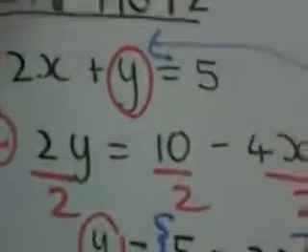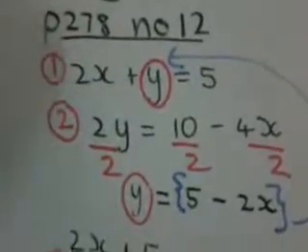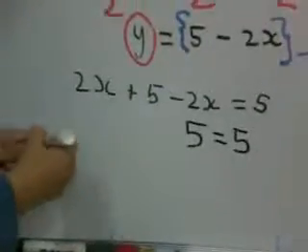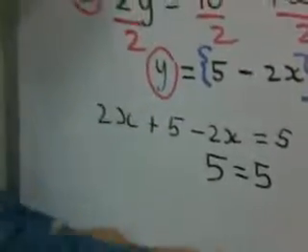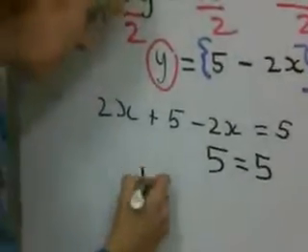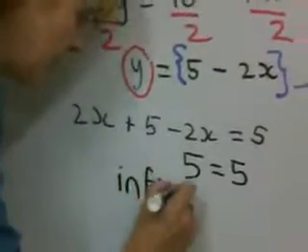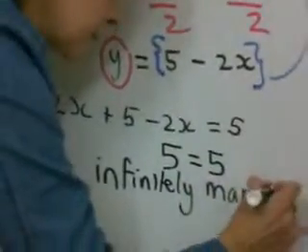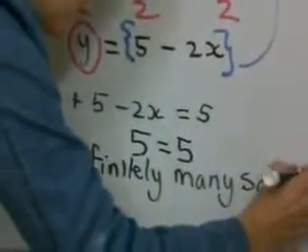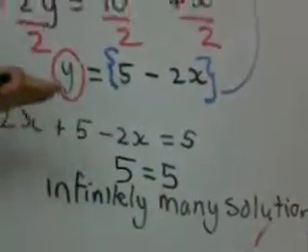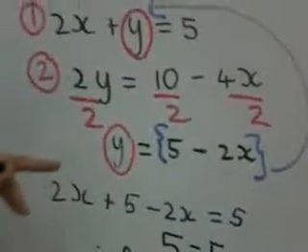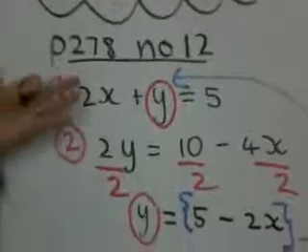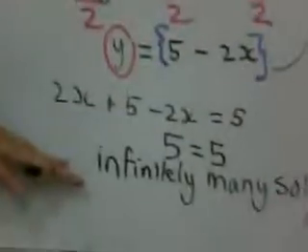And when they're the same, it means that we have infinitely many solutions. So in this case, I would say infinitely many solutions. And I know that you might be a little bit confused, so I'm going to show it to you in a different way as well, so you can see why we can say infinitely many solutions.